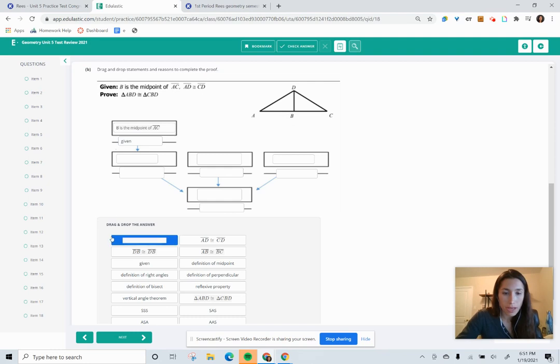So let's look for that statement. AB congruent to BC, yes. AB, so that's this part here. AB congruent to BC, so these 2 parts here. And that's because we had a midpoint. So I would say definition of midpoint.